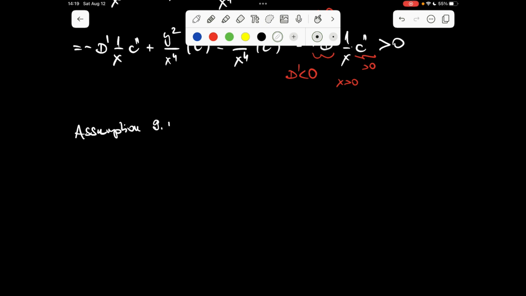9.11, the concavity assumption on correspondence gamma.